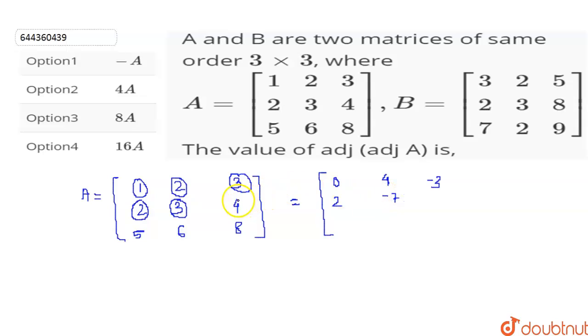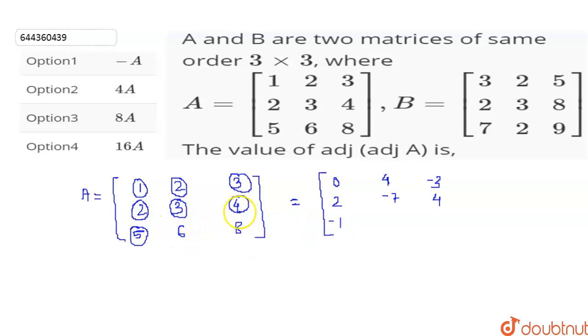Right, now we have to find the value for this entry. So this has the determinant value of 1 into 6 minus 5 into 2, that gives us minus 4, and this should be with a negative sign, so minus of minus 4 gives us plus 4. And now we have to find the value for this entry. So for this entry, this is 2 into 4 minus 3 into 3, so that gives us minus 1, and this is a positive entry, so this remains as it is.